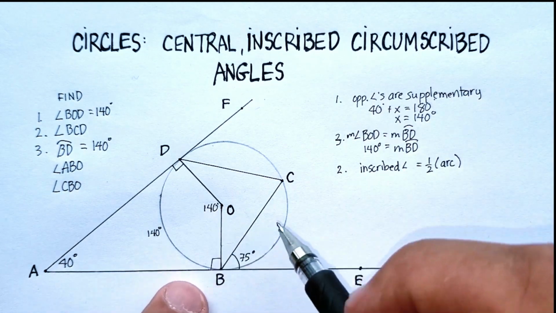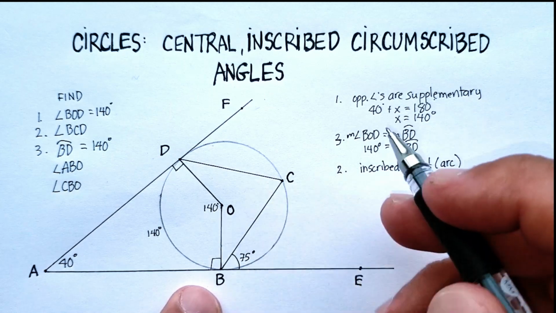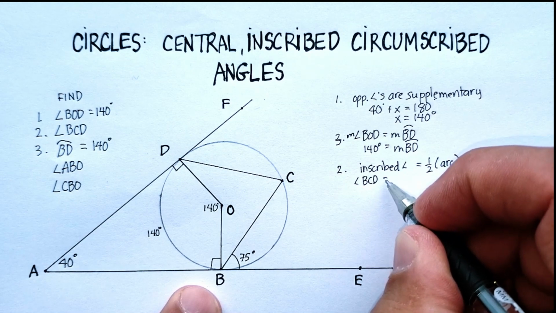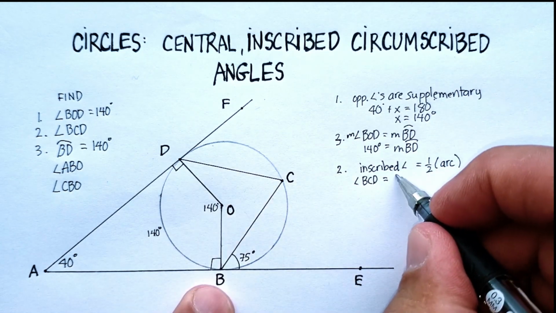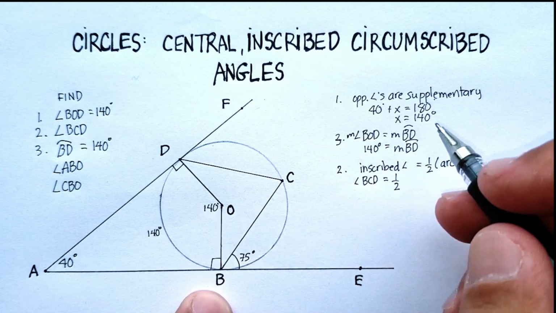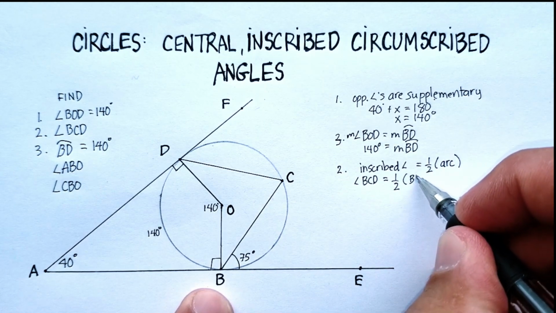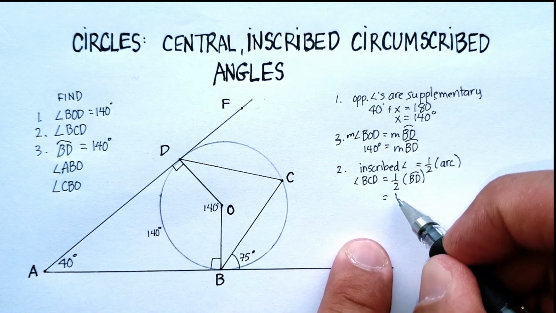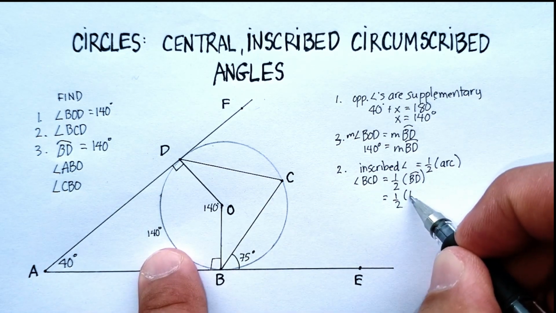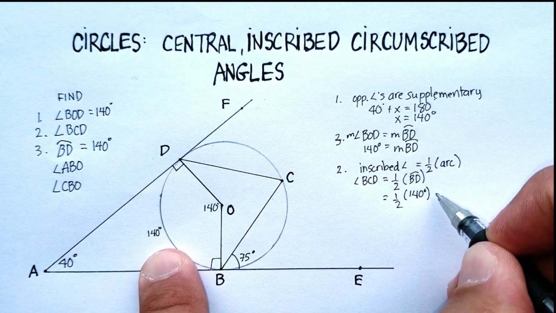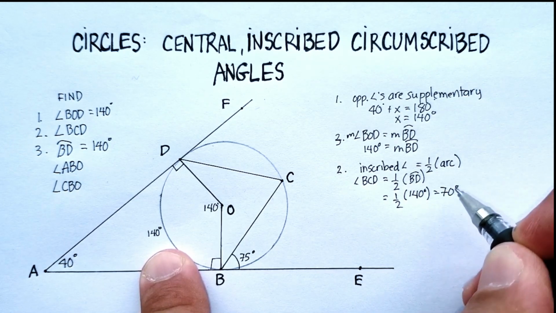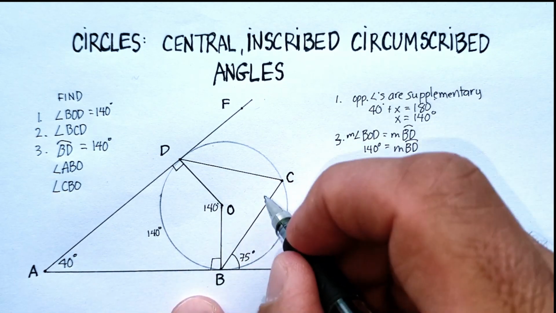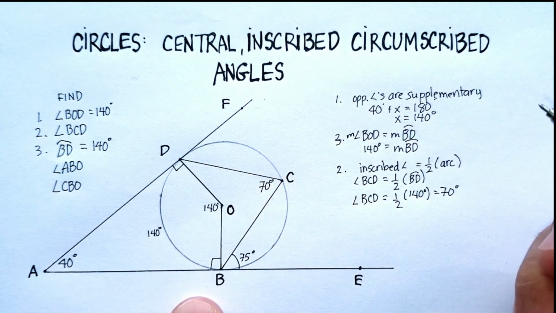Now, in this case, we know that BCD will be equal to 1/2 BD, or, yeah, the arc BD. Let's just substitute. We know that 1/2 of BD, or 1/2 of 140 degrees, is equal to 70 degrees. So angle BCD is equal to 70 degrees.